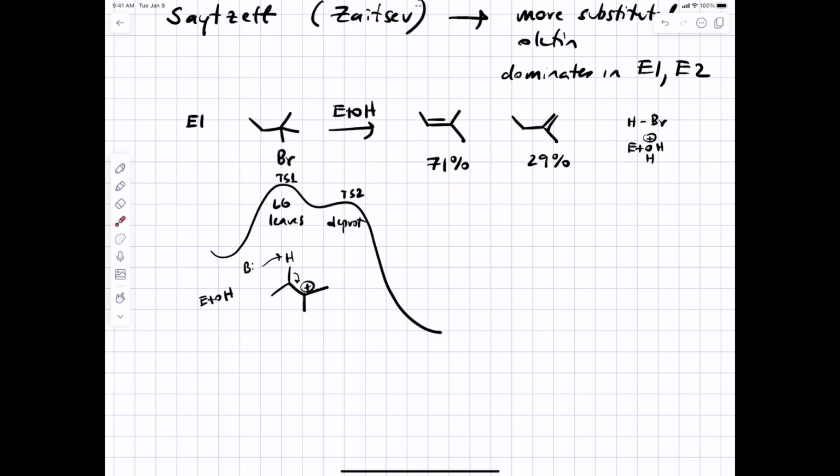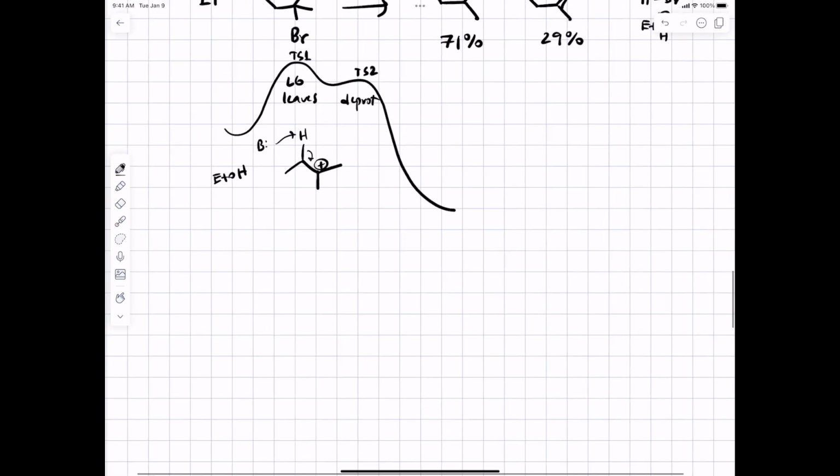And of course, we talked earlier in this chapter that you can add acids to olefins. And so my guess is that the explanation I prefer here, again a departure from your text, is that in a reaction that's reversible, the thing that matters more is product stability.